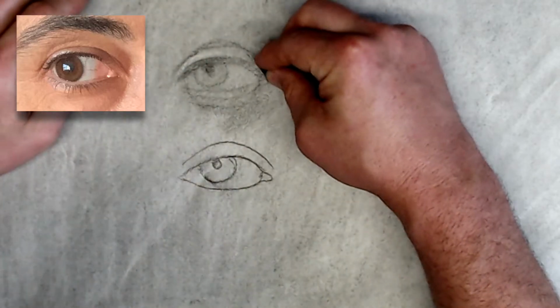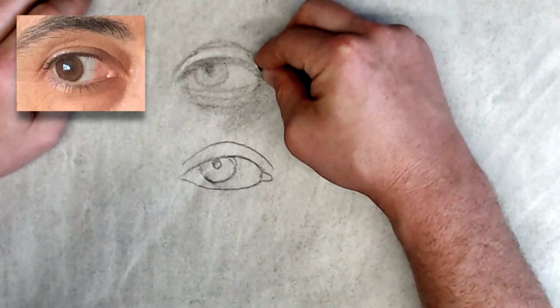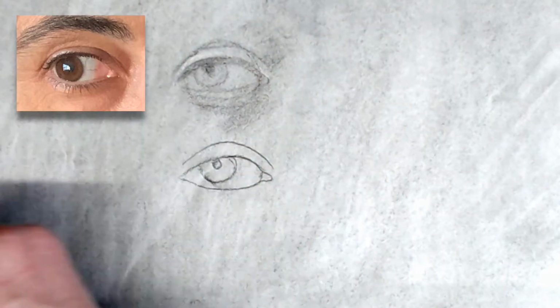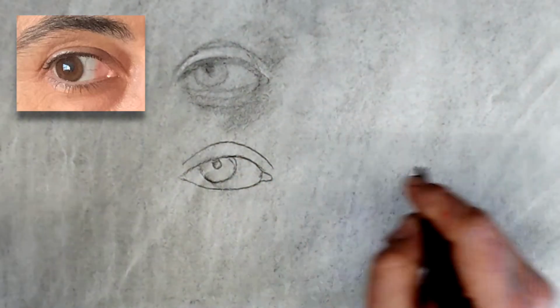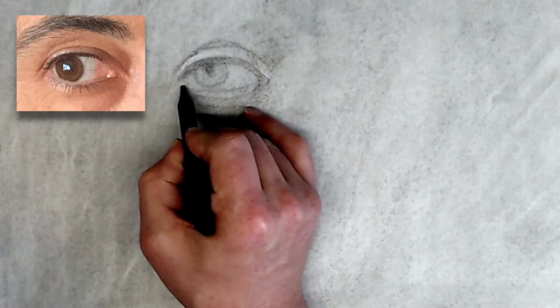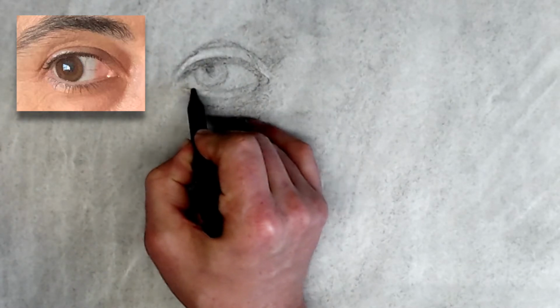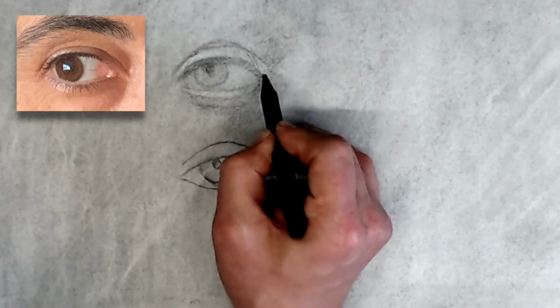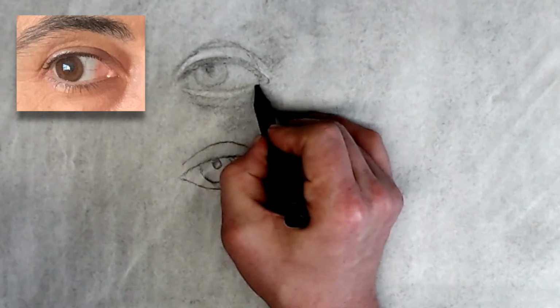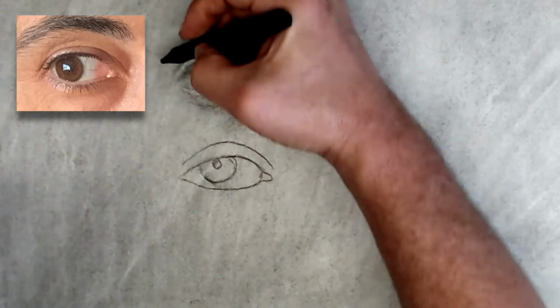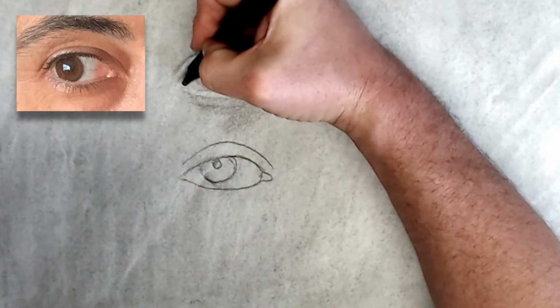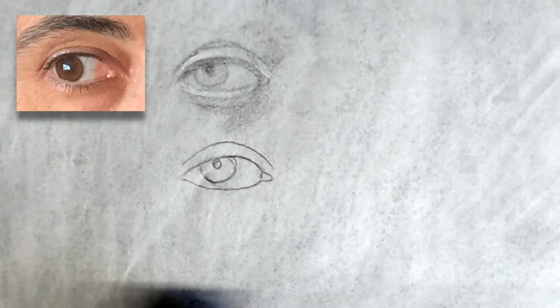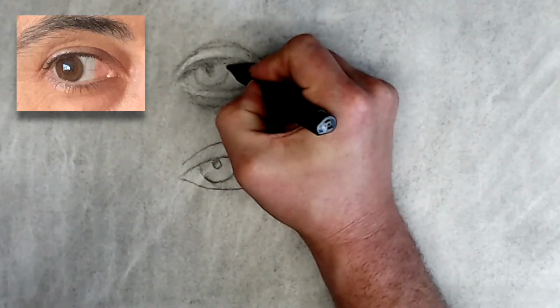I see that there's a little bit of light hitting here, like this. And then I'm going to use my eraser holder to indicate the fact that light is hitting the top plane of the lower eyelid. Like this. This way. And then I can start erasing out the white of the eye.